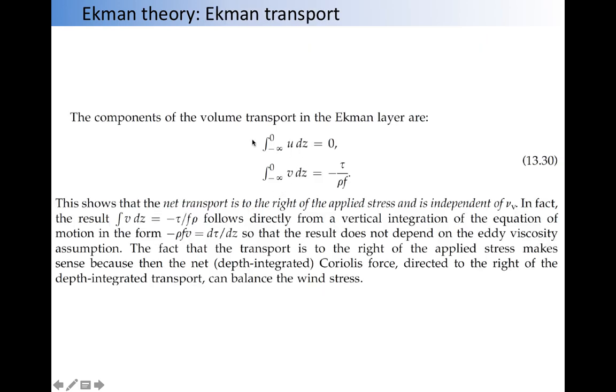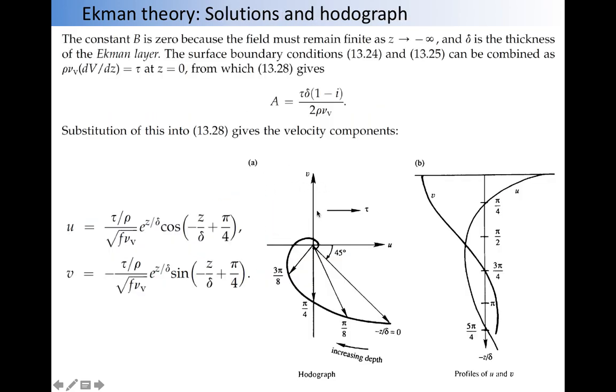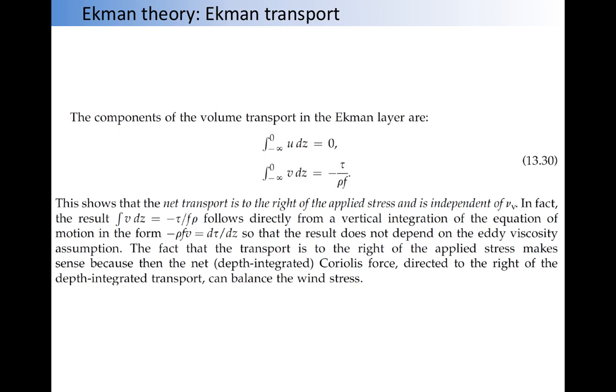So U directional is 0, V directional has a negative value here. So if you apply tau, the transport goes in the minus V direction only. So going in that direction, the entire water is moved to the 90 degrees right of the wind direction.